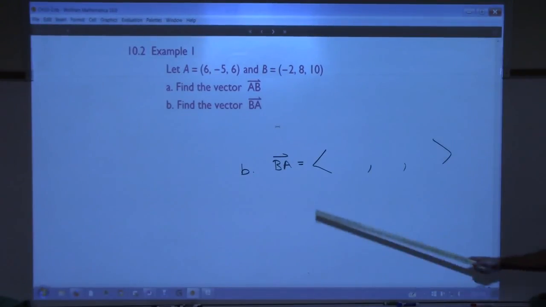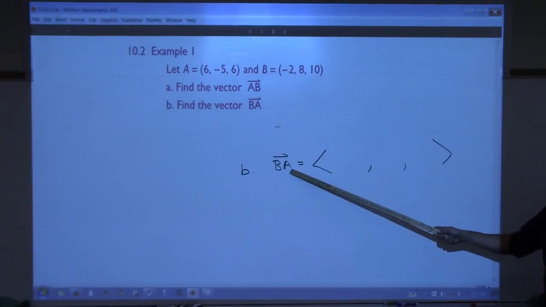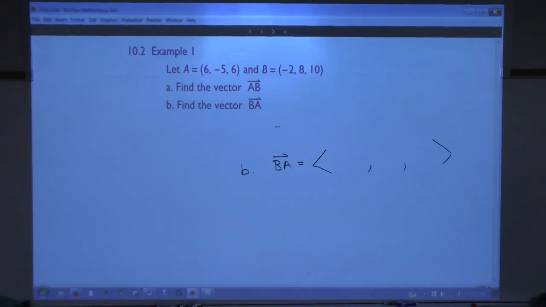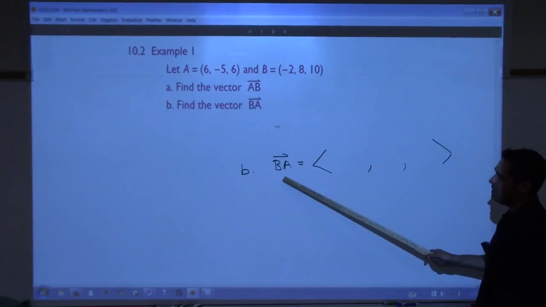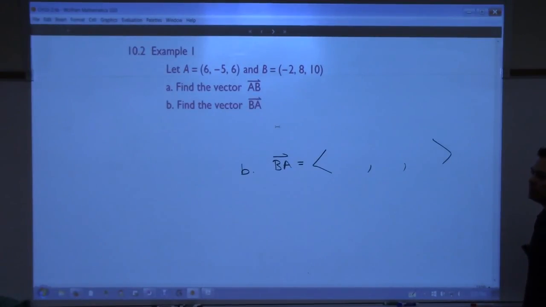So if I'm going to go from B to A, which one do I subtract from which one? If you're going from B to A, you subtract B from A. We've got to be careful on our language here.